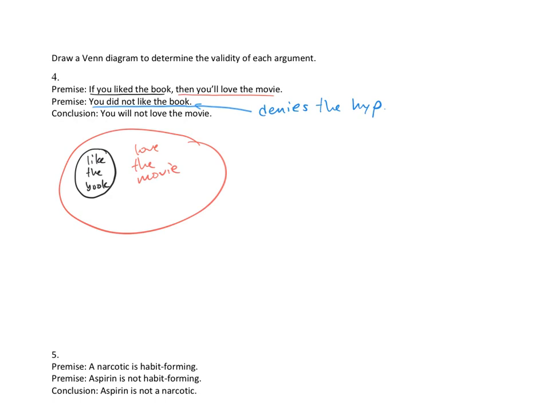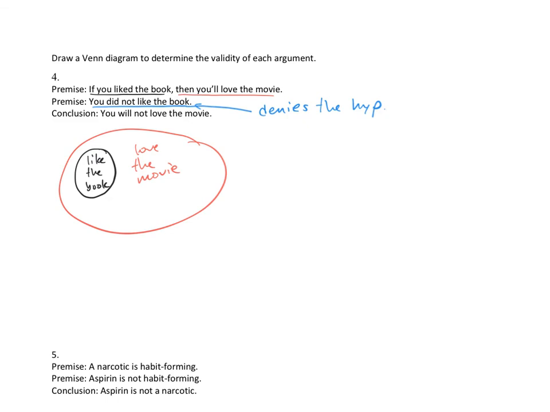So you did not like the book. So not liking the book just means that you are outside of this bubble. We don't know if you loved the movie or not. Everything outside the red bubble out here would be not loving the movie.